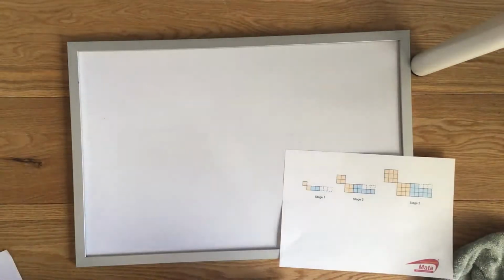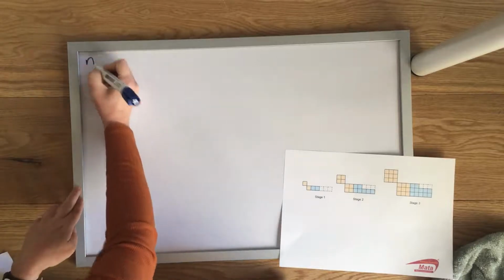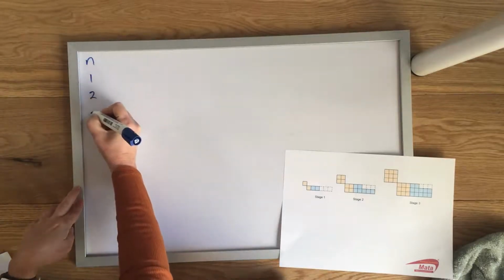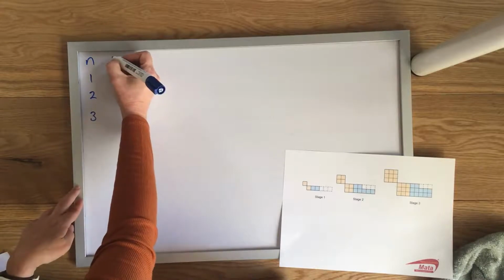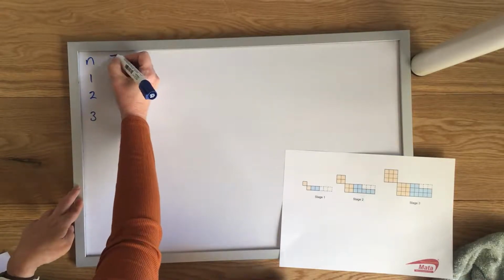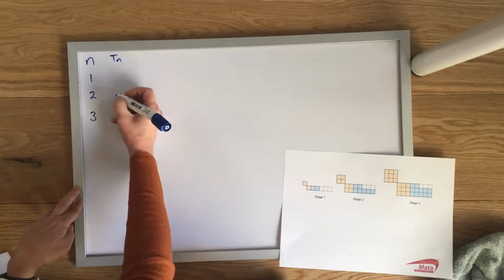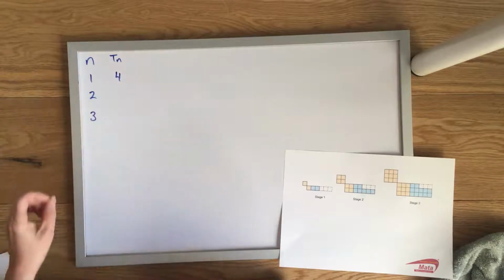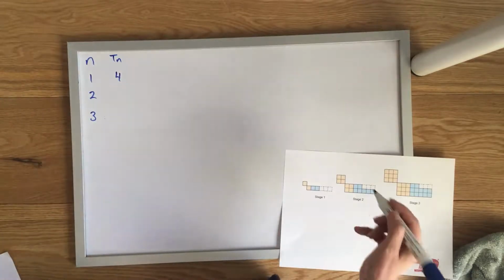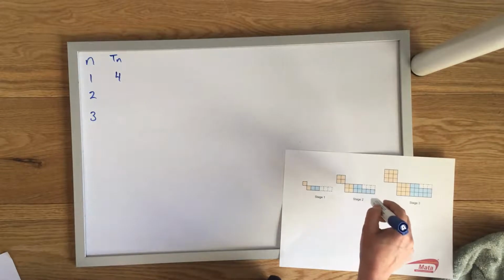Solving this particular one algebraically, we set up our table with our 3 terms. Our first term has 4 squares in it. Our second term has 15.